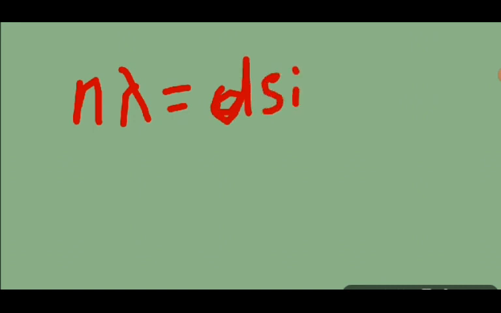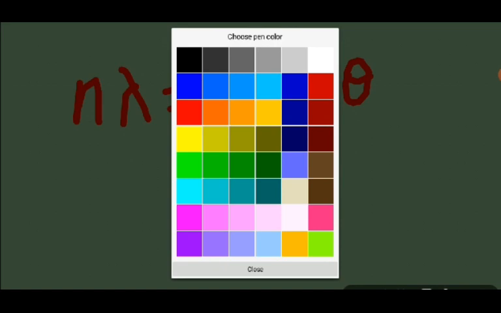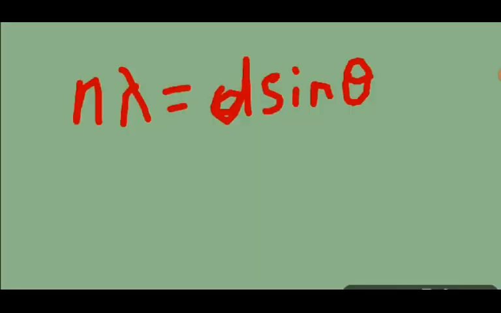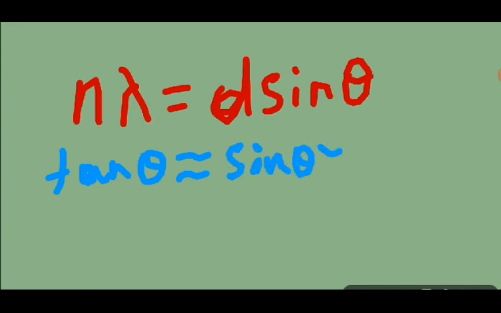Now let's go to the formula, which is n lambda equals d sine theta. This is the formula for diffraction grating. Before that, we have to know that tan theta, for small angle less than 10 degrees, is approximately sine theta, and this is approximately theta. This is equal to the opposite side over adjacent, where x is the opposite and L is adjacent.